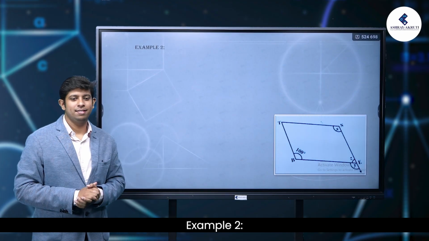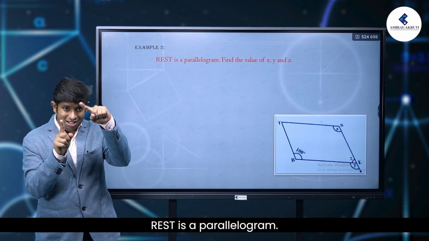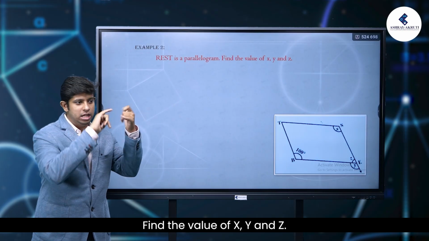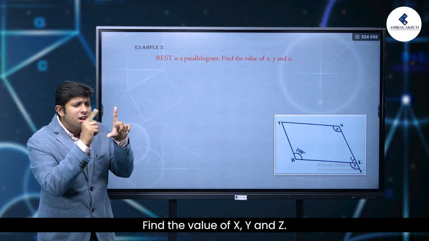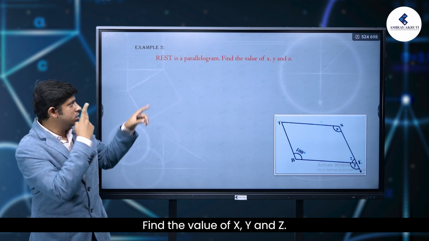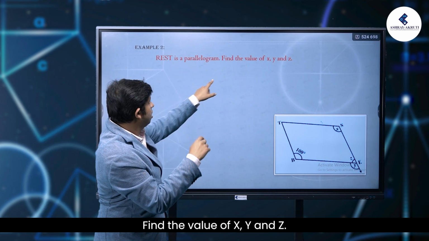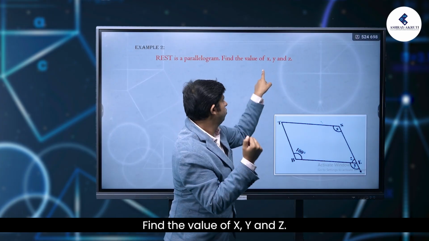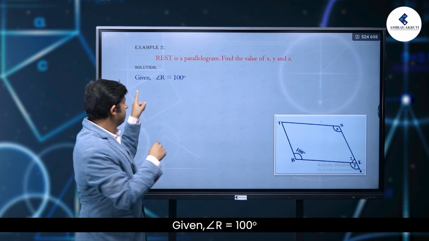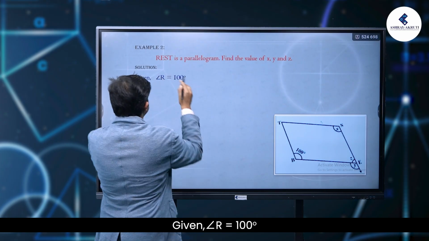Example 2. REST is a parallelogram. Find the value of x, y and z. Solution. Given angle R is equal to 100 degrees.